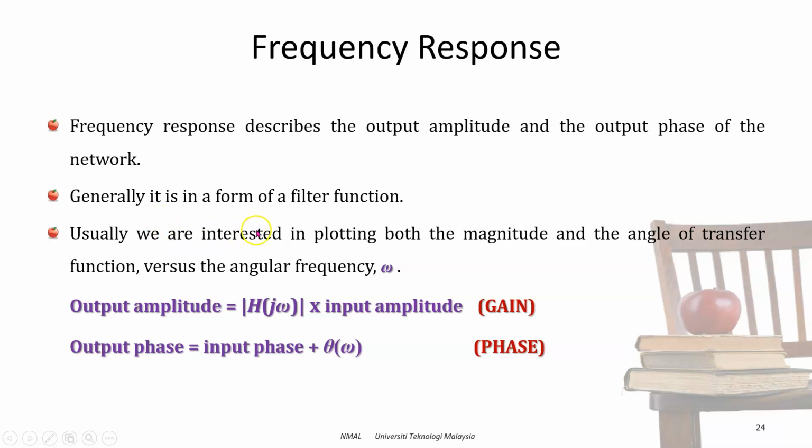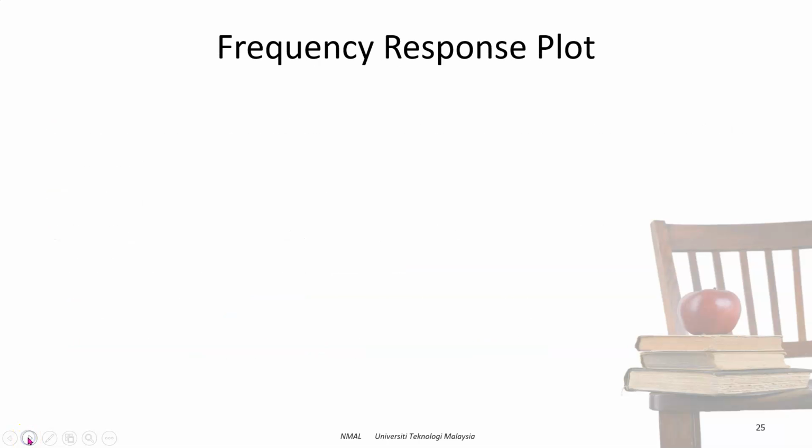Normally we are interested in plotting both the magnitude and the angle of a transfer function versus the angular frequency omega. The output amplitude is |H(j omega)| multiplied by the input amplitude, which is the gain, and the output phase is the input phase plus the angle of H(j omega).